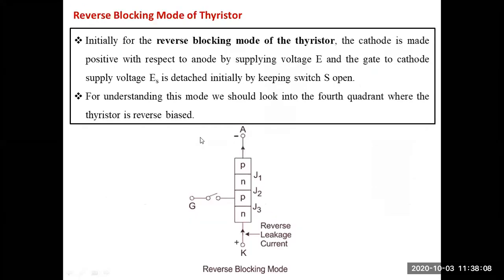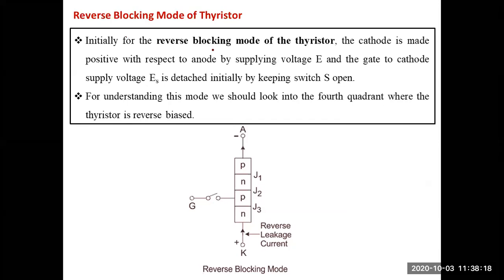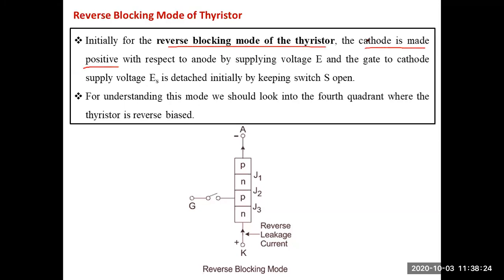Let's get into the reverse blocking mode of thyristors. In the reverse blocking mode of a thyristor, the cathode is made positive. I repeat once again, the cathode, denoted as K, is fed with a positive supply with respect to the anode, which means the anode is fed with a negative supply.